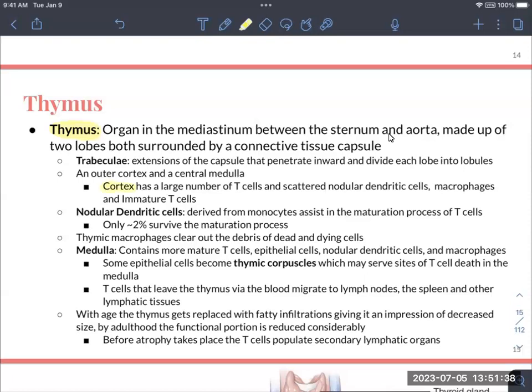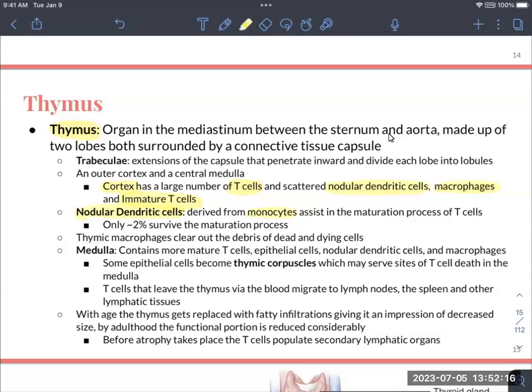This cortex, we have T cells in that cortex. We have nodular dendritic cells, other immune cells, macrophages, and then we have immature T cells. These are cells that haven't differentiated and matured into what they're supposed to be yet. So these nodular dendritic cells, they come from these monocytes, and they're going to help T cells mature.